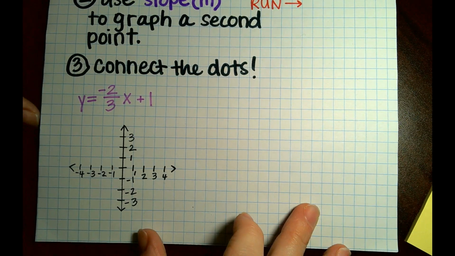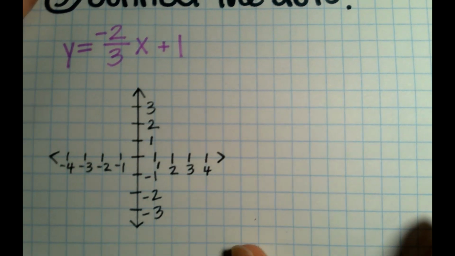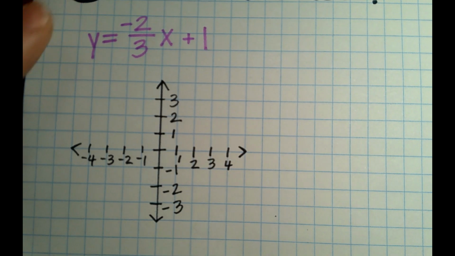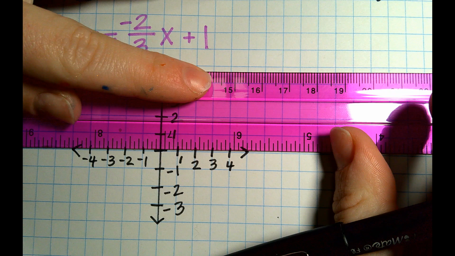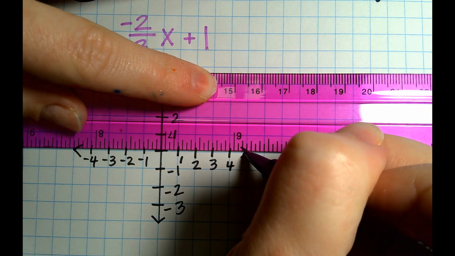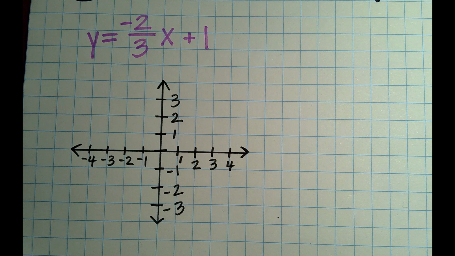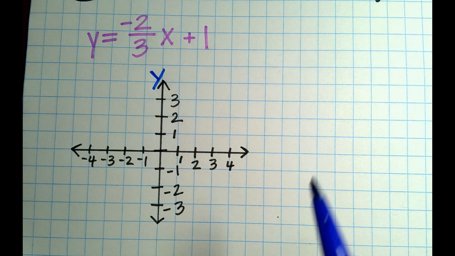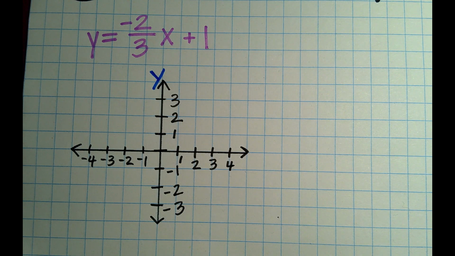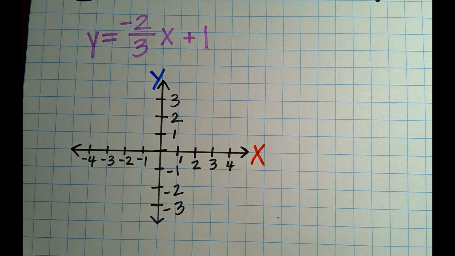Okay, I'm going to go ahead and move it and zoom in on this graph I'm making so we can all see it a little bit better. So, here is a graph. And I will label my y-axis, the one going up and down, and my x-axis going left to right.